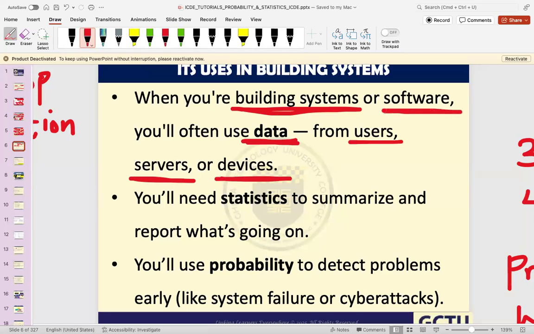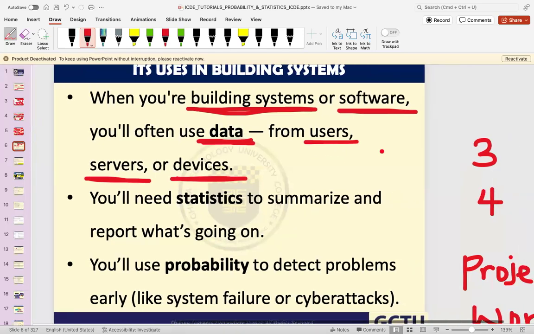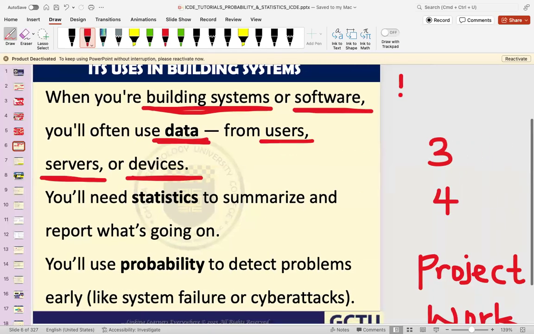Now, before you can use the data, you have to do something to it, because data by nature are raw facts. On the face value, you can't use it immediately.